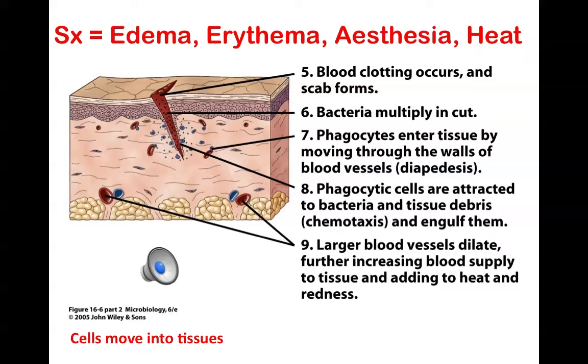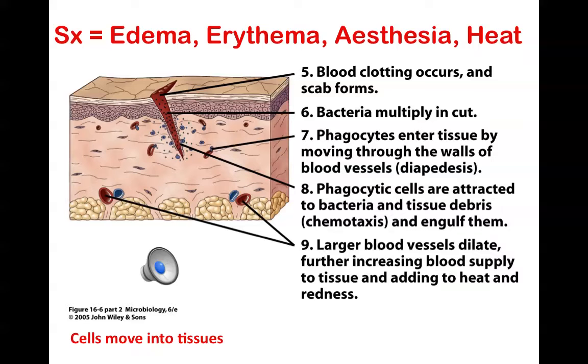Larger blood vessels continue to dilate in response to, again, the chemicals that are circulating in this localized area. And then if you look at the visual image of this infected wound, small or large, you'll start to see that it swells. You might see some discoloration because of the erythema, so it's becoming very red, maybe hot, swollen.